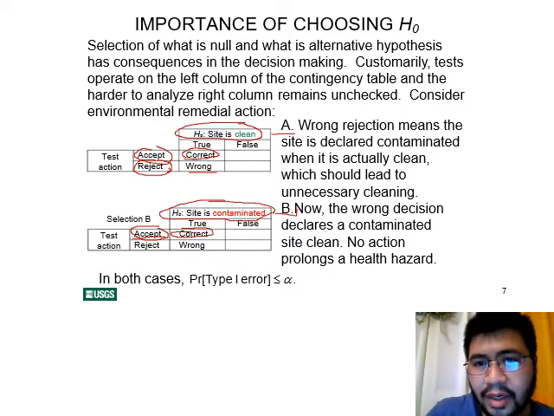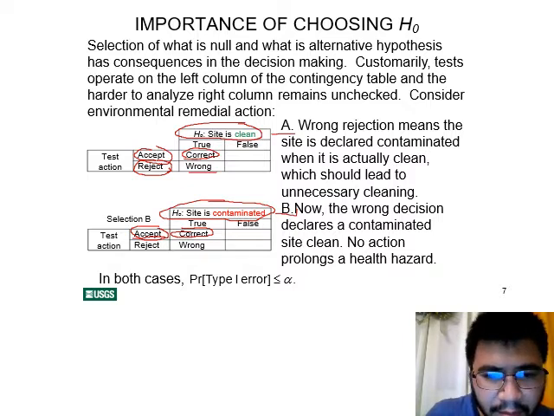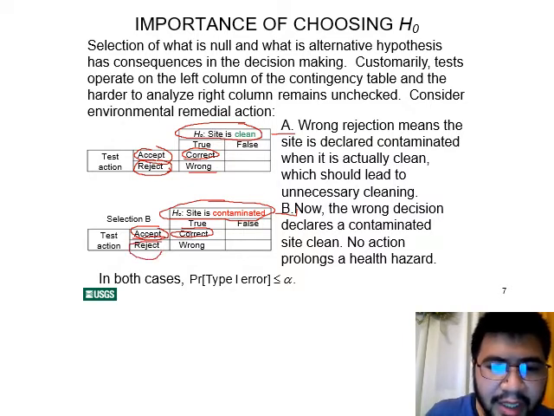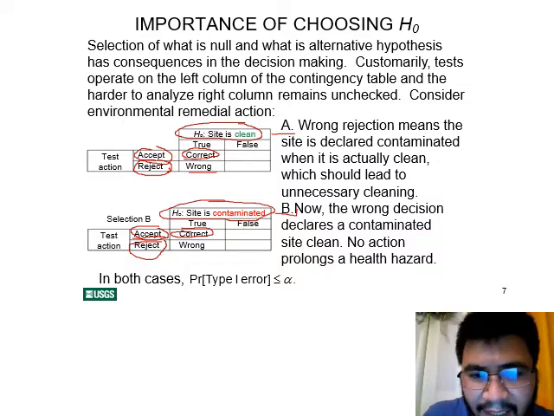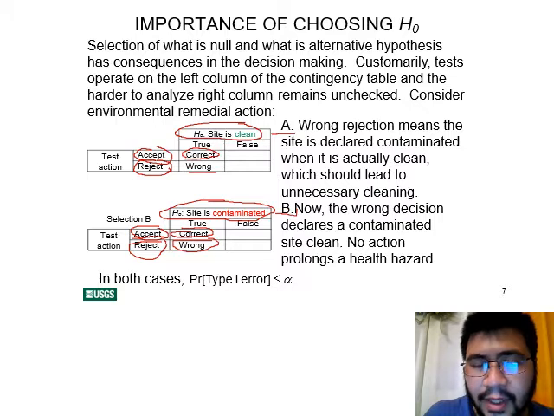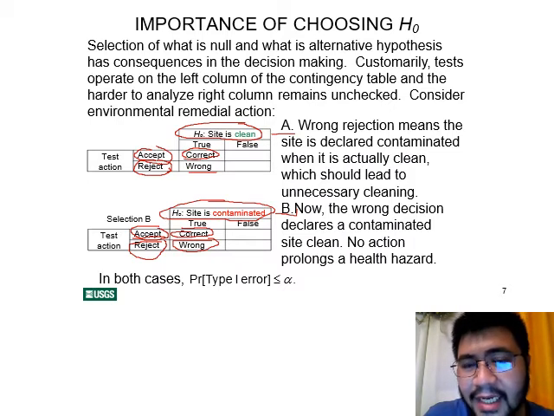So it's a victory for us. Now the other outcome is we can also end up rejecting the null hypothesis. So we say that the site is actually clean, but there is a 5% chance that we are wrong here. So what happens if we are wrong?